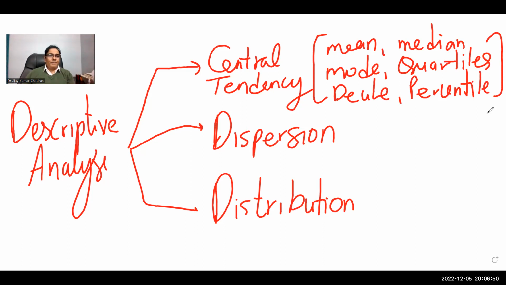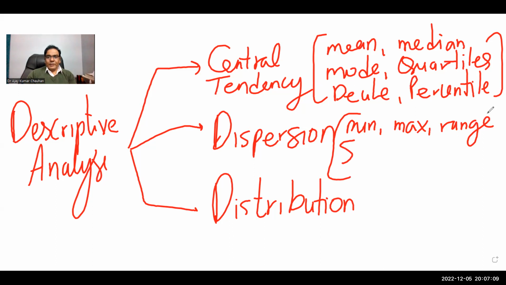So these are the components of central tendency: mean, median, mode, quartile, decile, percentile. In dispersion, we are having the minimum value, maximum value, range, standard deviation, and variance. We normally put these popular components in dispersion.